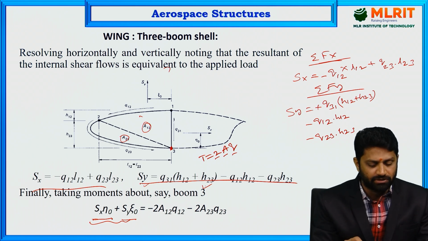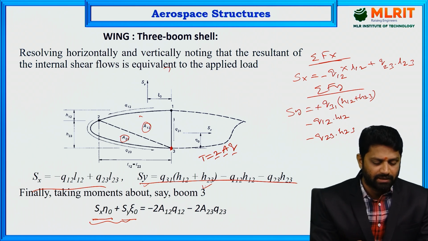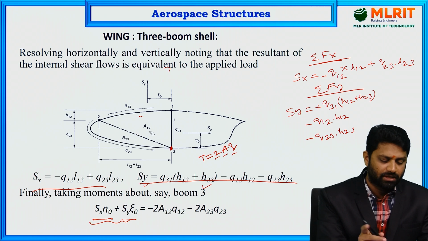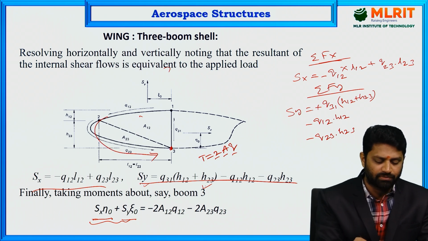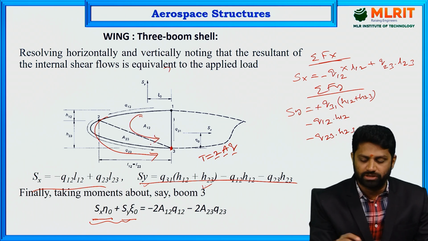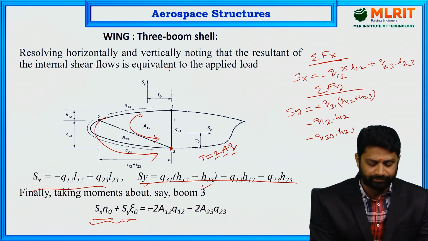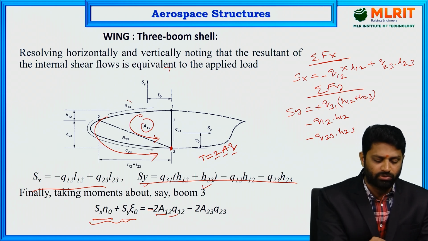Both q12 as well as q23 give an anti-clockwise moment about boom 3. So therefore we write minus 2 into A12 into q12, minus 2 A23 into q23.